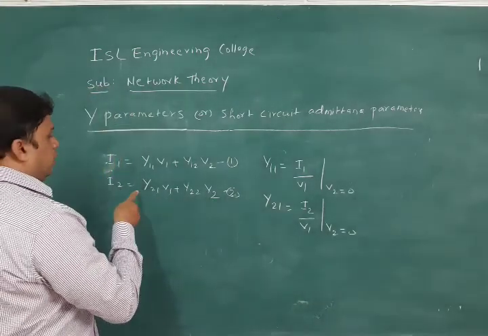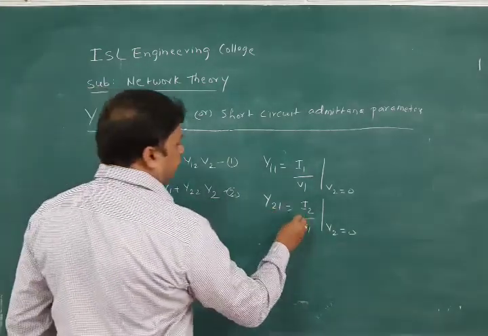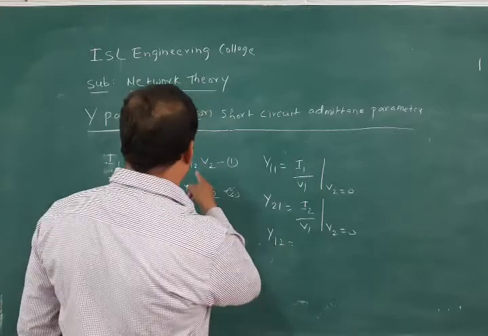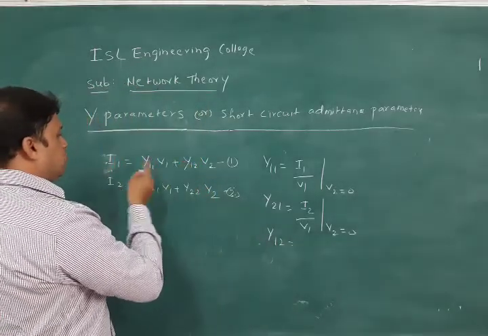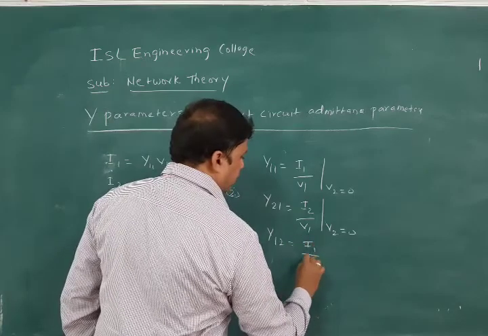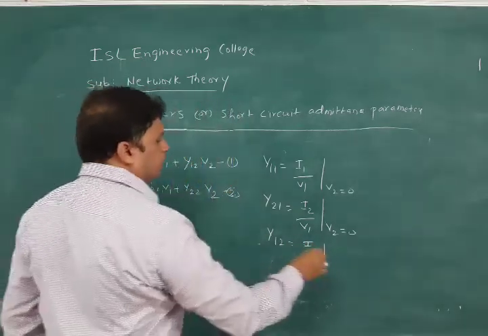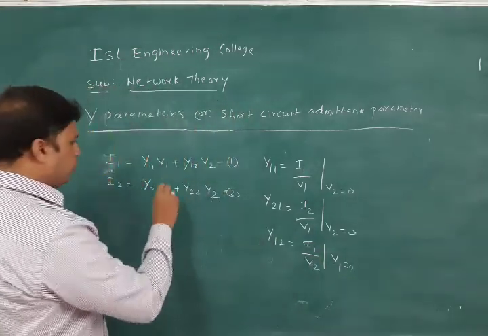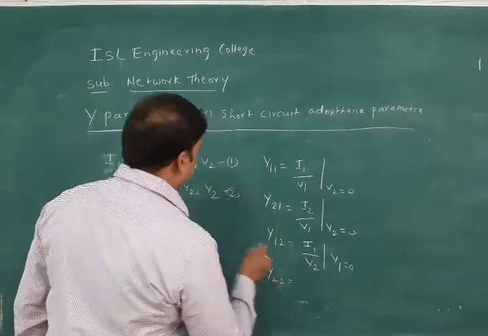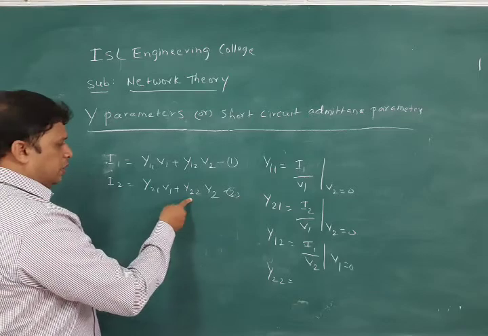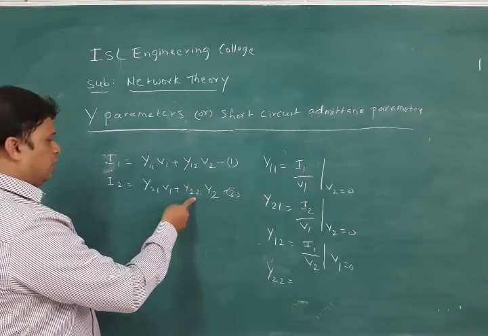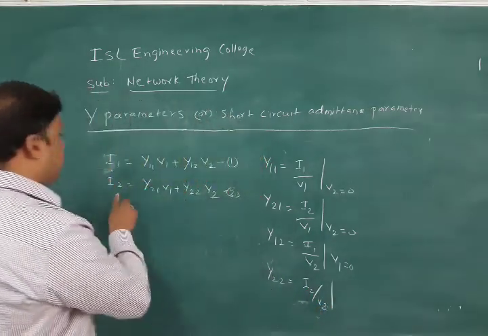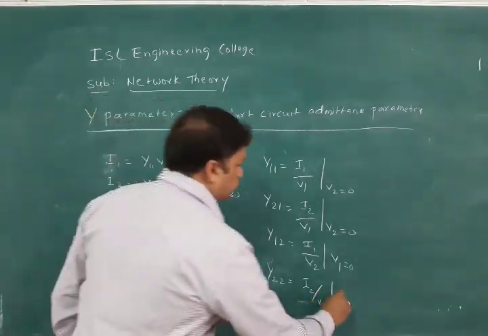Next, Y12 is equal to I1 by V2 at V1 equal to 0, and Y22 is equal to I2 by V2 at V1 equal to 0.